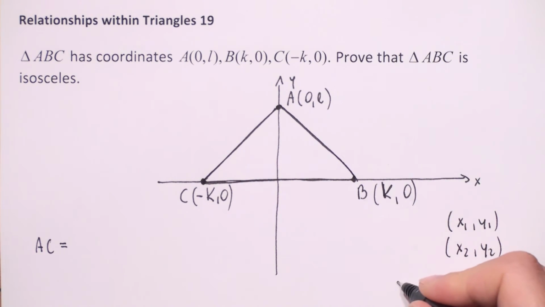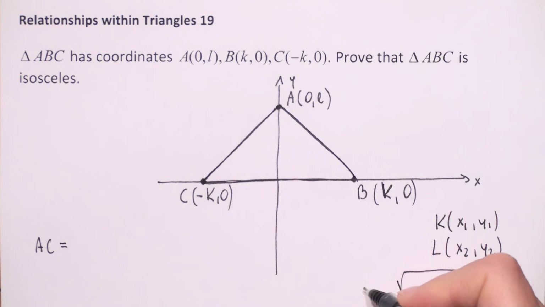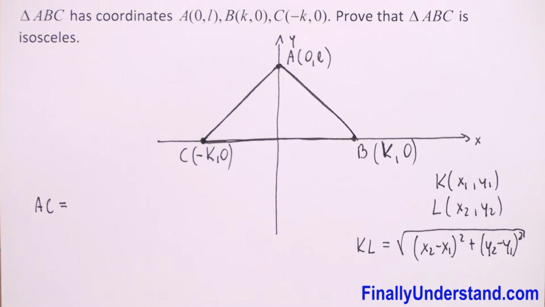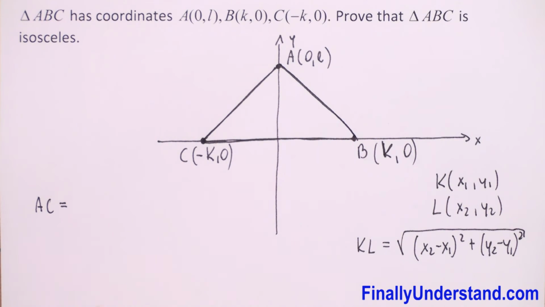The distance between K and L is equal to the square root of (x2 minus x1) to the second power plus (y2 minus y1) to the second power. So we will use this formula to find the distance between AC and AB.